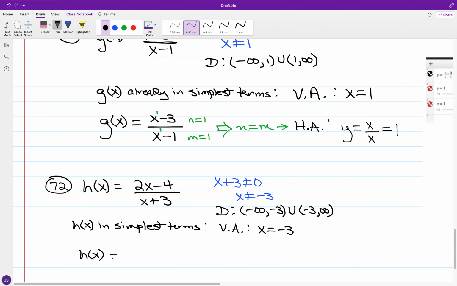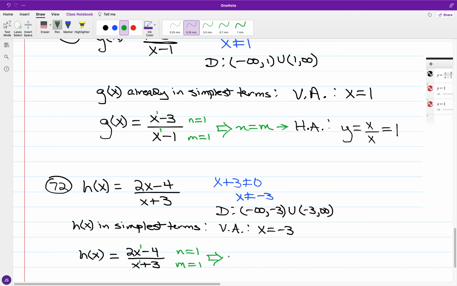And for any other asymptote, again, it comes down to comparing degrees of the numerator and denominator. All right, so we got 2x as the higher order term in the numerator. So this is our first degree, and in the denominator we have x, also first order.